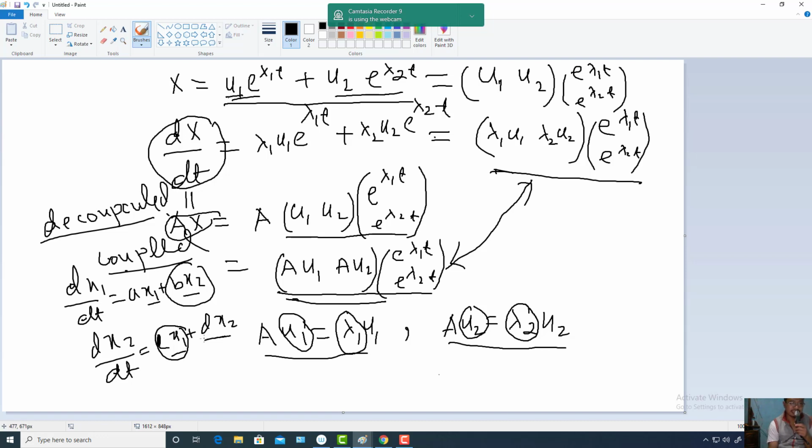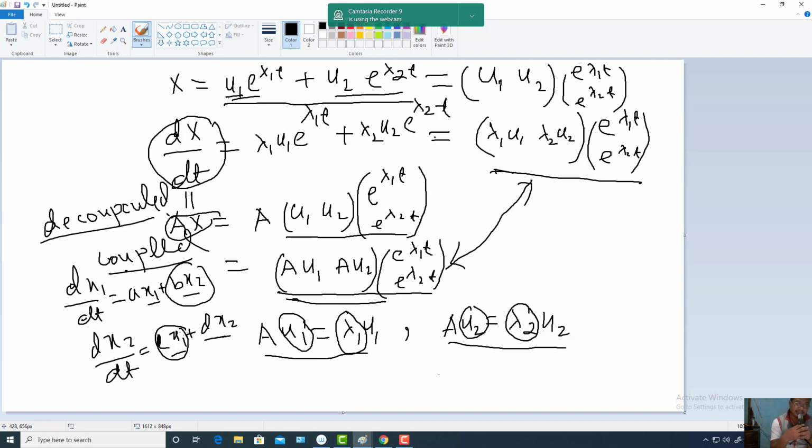So from the given differential equation, using some transformation, we want to decouple it: from the first equation eliminate the second variable, and from the second equation eliminate the first variable. Then you get a simple equation that you can solve easily, but the dynamical behavior is the same.